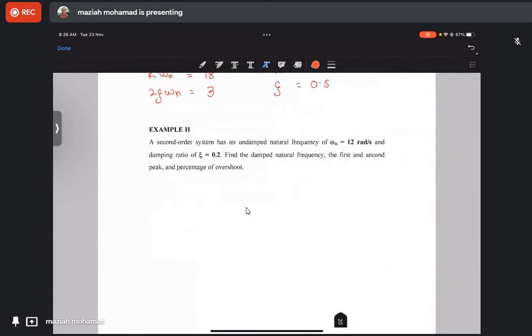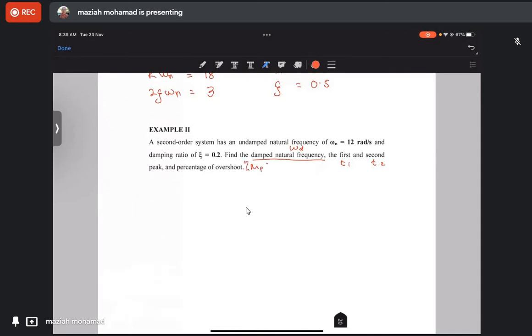Okay, example 2. In this example you're going to calculate omega d, the first and second peak, which are T1 and T2, and the percentage of overshoot, MP percentage.